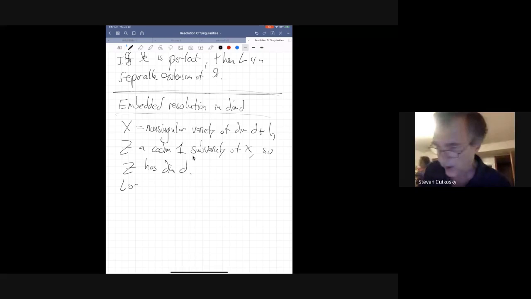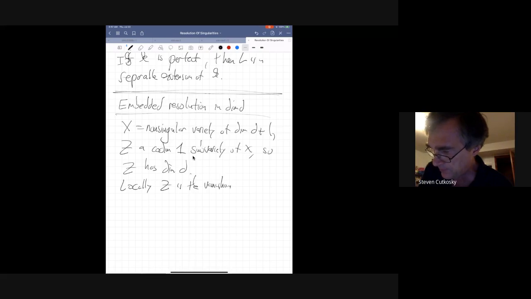So now locally, Z is the vanishing locus of a single equation.